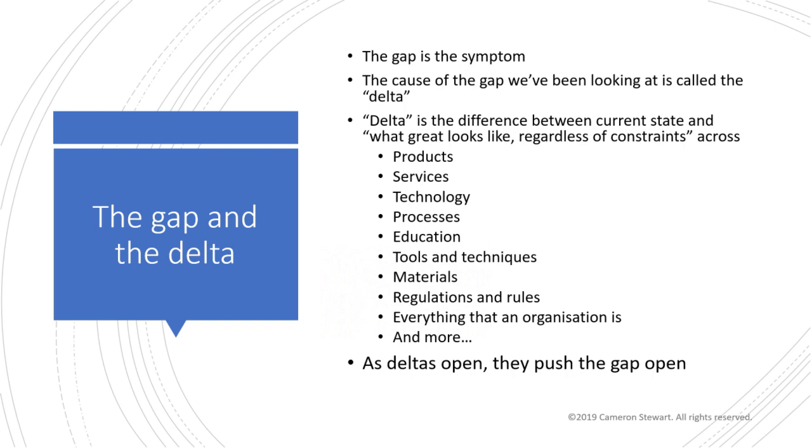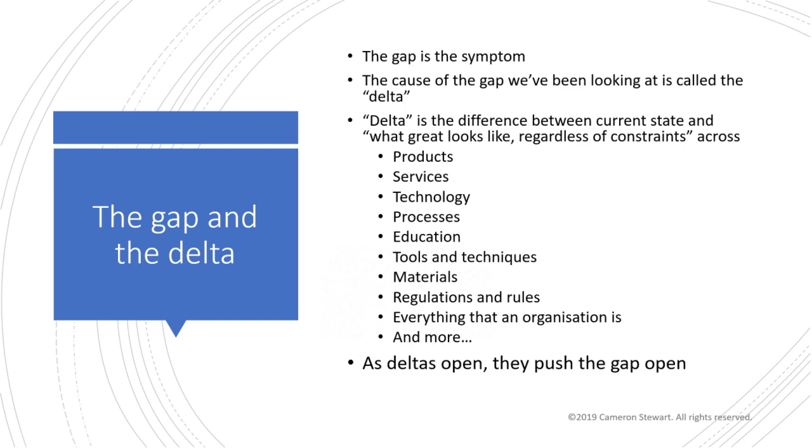When an organization is looking for gaps, is looking for deltas, it should be looking at its products, services, the technology it uses, the processes that are in place, the education it offers to its team, its partners, its supply chain, and to its users and customers. The tools and techniques it uses, the materials that are incorporated into products, the regulations and rules in the market and within the organization.